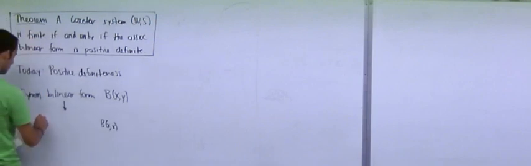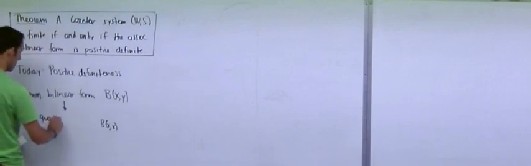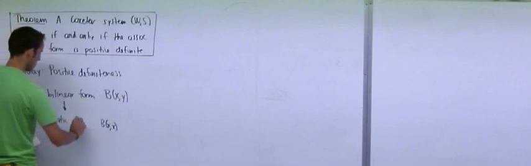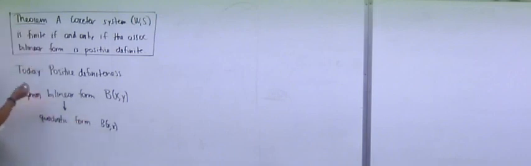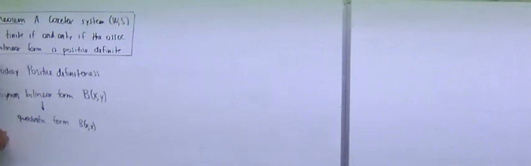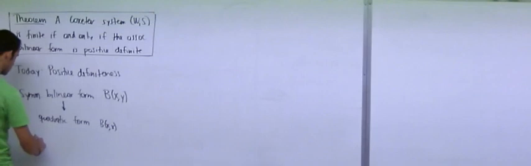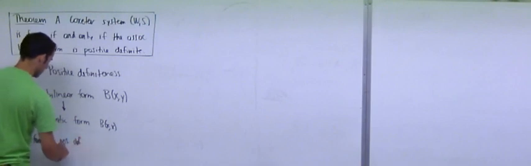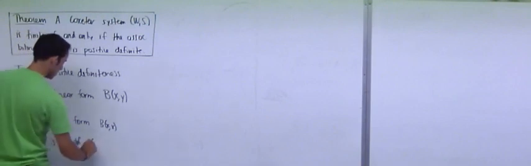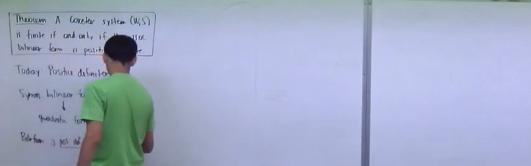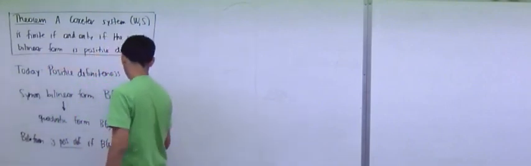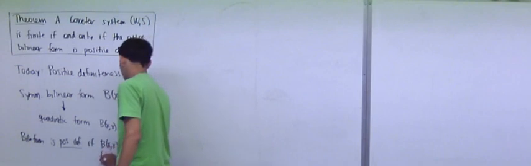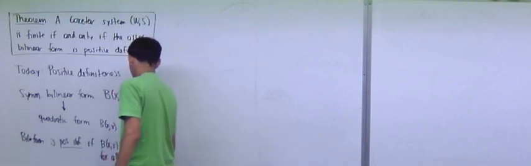And I'm going to call this the quadratic form associated to the symmetric bilinear form. Okay? And so my bilinear form is positive definite by definition if my quadratic form is positive for all non-zero x. Okay.